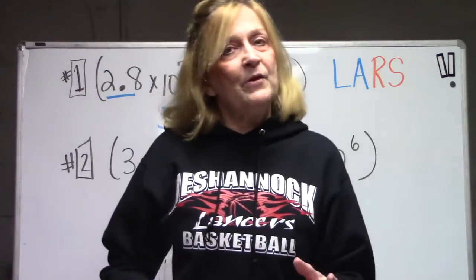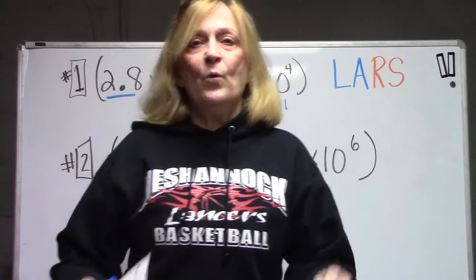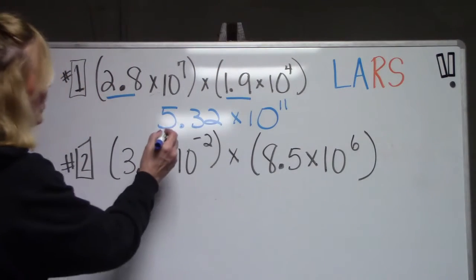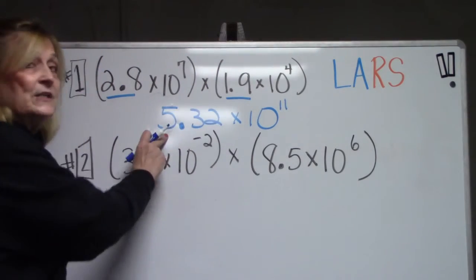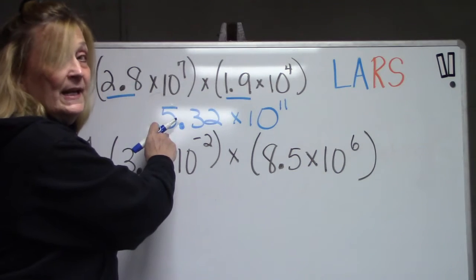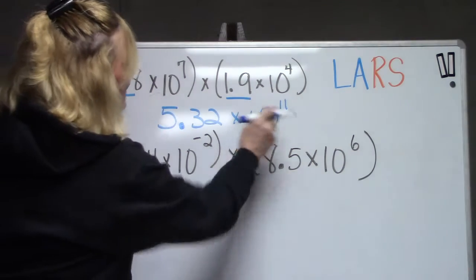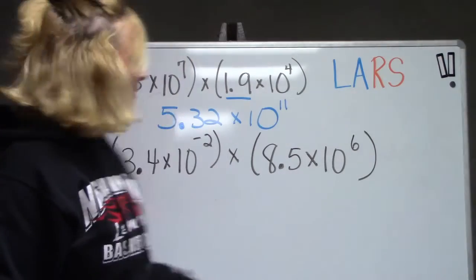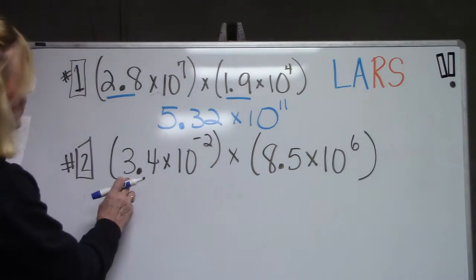So when you multiply those together, you add the exponents. When you divide those, you subtract the exponents. So we've got our first digit is 5. It's between and including 1 and 9 times 10 to the 11th. So we're good to go. Let's look at our next one, number 2.